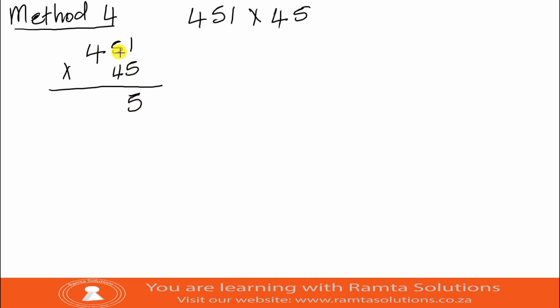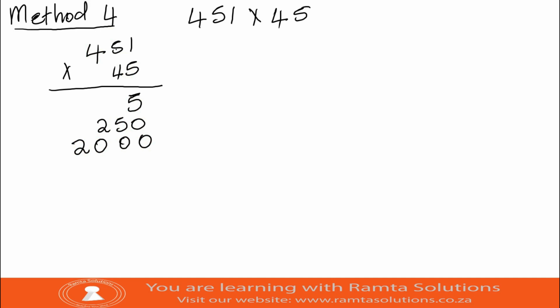Now, this here represents a 10, all right? So it'll be 50 times 5. It'll represent 250, all right? While this represents a 100. So it'll be 400 times 5. What will it be? 400 times 5 will be 20 hundreds, what you call 2,000.